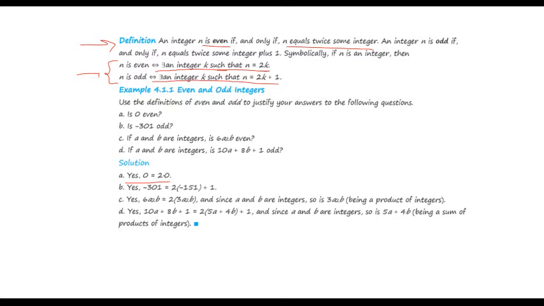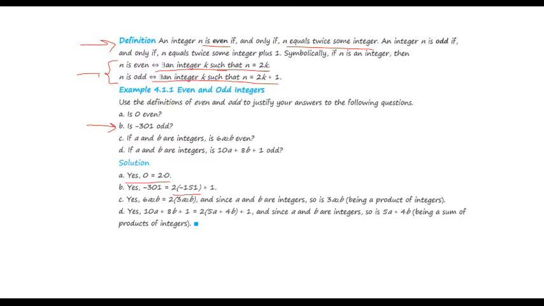So in this case, k is equal to 0. In part B, we ask: is negative 301 odd or not? The answer is yes again, because negative 301 can be written as 2 times negative 151 plus 1. So in this case, k, which was in the definition of odd numbers, is equal to negative 151.